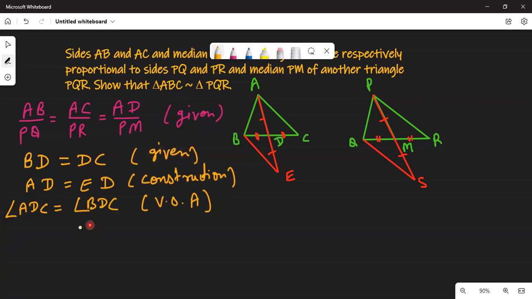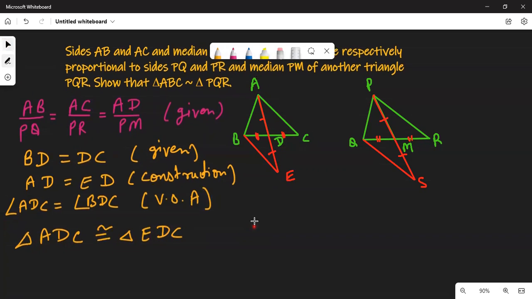This means we can say triangle ADC is congruent to triangle EDB. Whenever we write congruency, we should write corresponding sides and corresponding angles in the same position. Corresponding to angle A is angle E, so this should be EDB, with D common.